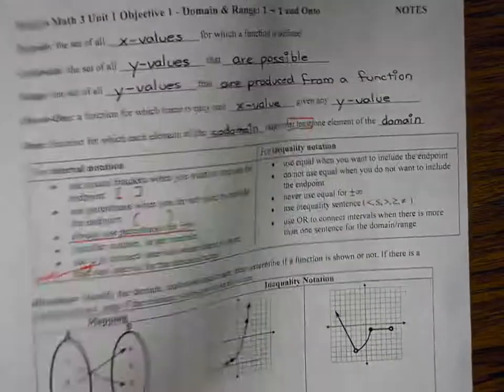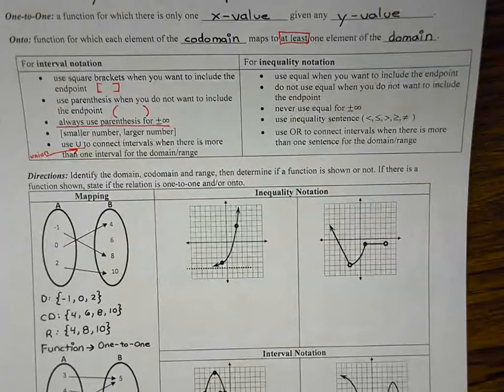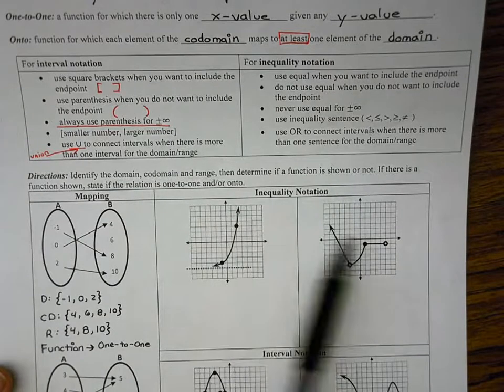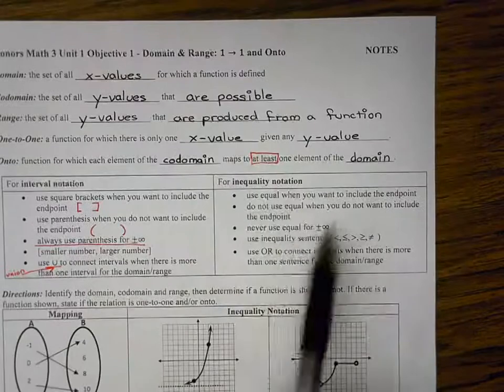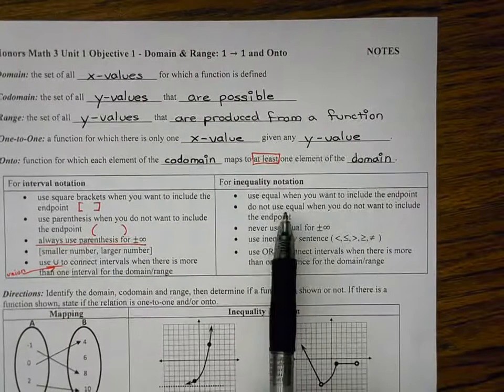We're still going to do the same thing we did with the mappings, with identifying domain, codomain, range, classifying as function, classifying as one-to-one or onto. Okay? So for these first two, we're just going to do the inequality notation. I like to start with inequality notation because I find students are usually most comfortable with this one.